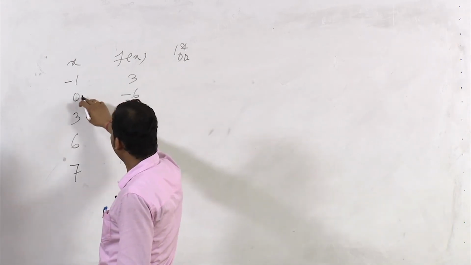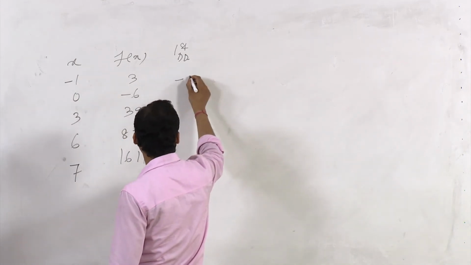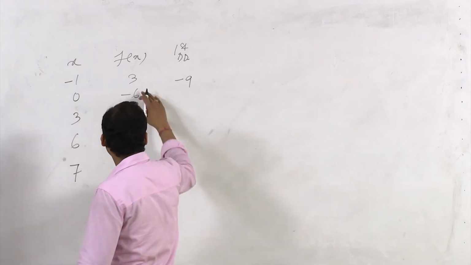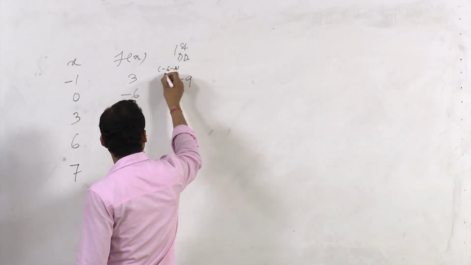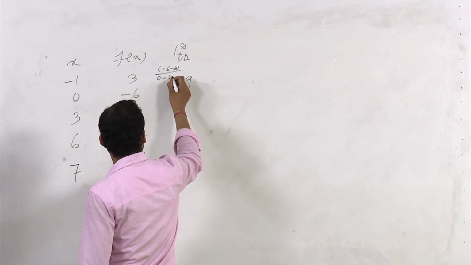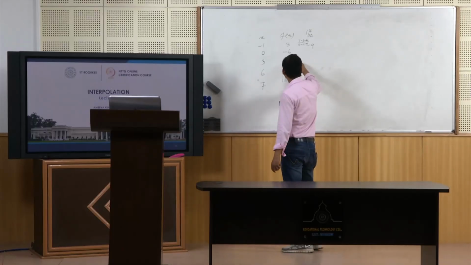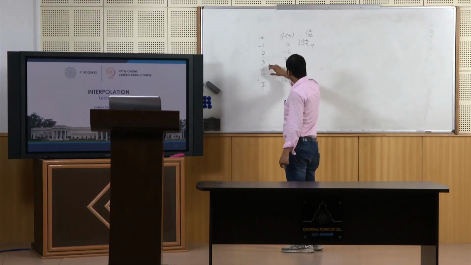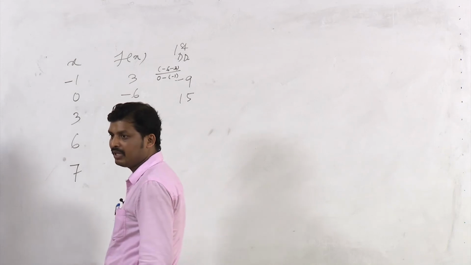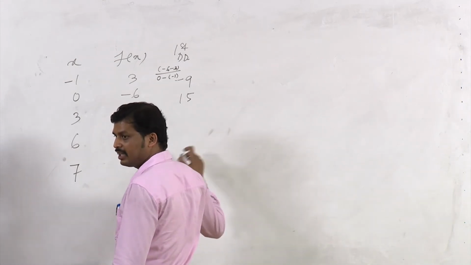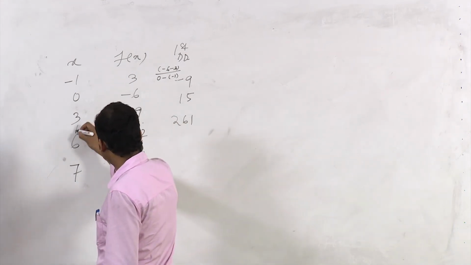The first divided difference is minus 6 minus 3 divided by 0 minus of minus 1, which gives the value of minus 9. Similarly, I can find 39 minus of minus 6 divided by 3 minus 0, which gives 15. The next difference gives 261, that is the difference between these two divided by the difference of these two.